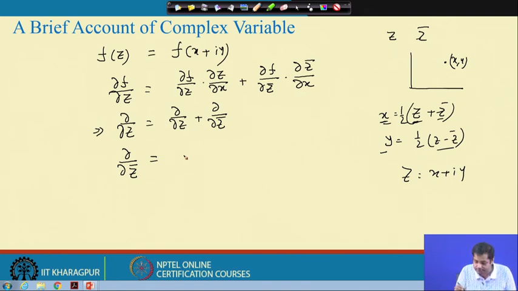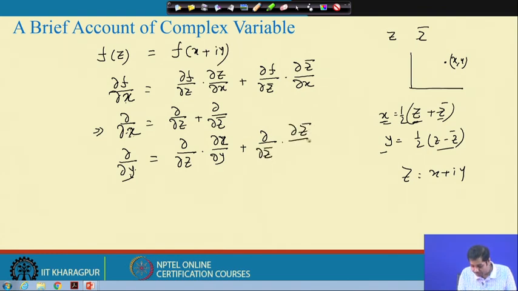There is a small thing, it is not z, we are differentiating with respect to x here, therefore, it has to be x. Similarly, if we take del y, it becomes del z into del z del y, and then plus del z bar into del z bar del y.